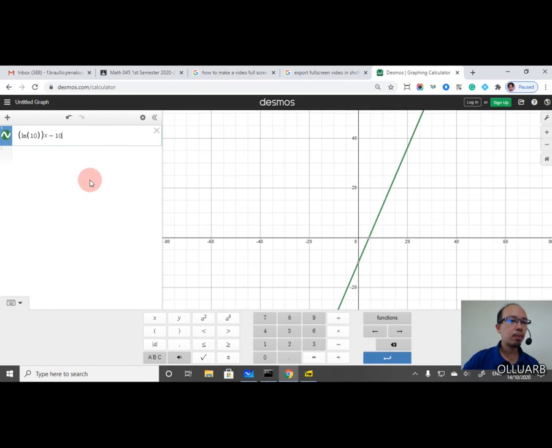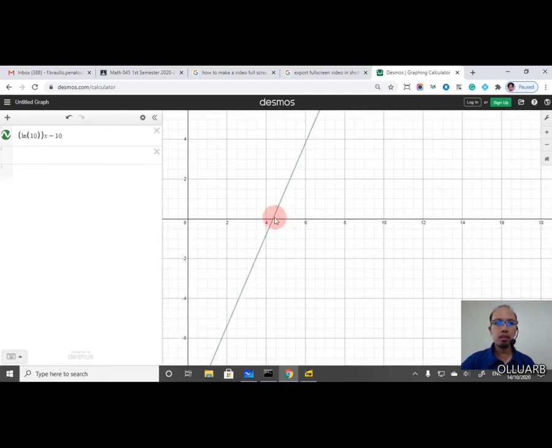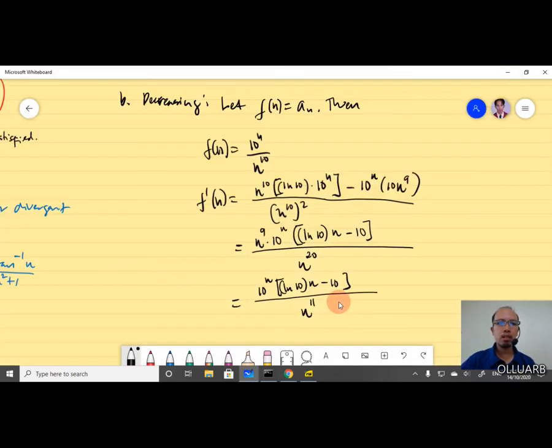So what happened? ln 10, it is positive at this point. Okay, so it is not always negative. So what happened? Am I wrong in getting the derivative of 10 to the n? Okay, so let's pause for a moment.